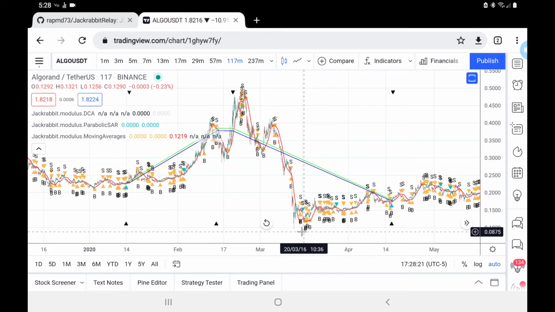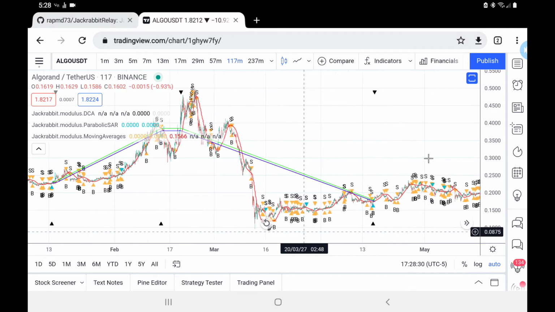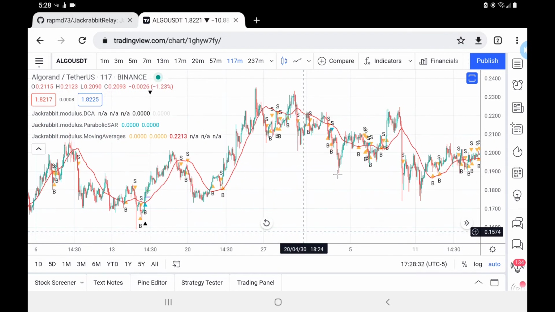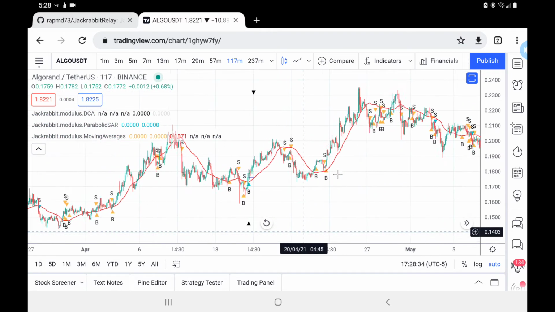So the defensive properties of the Rule 37 are quite impressive. Parabolic SAR helps weed out a lot of unwanted signals.